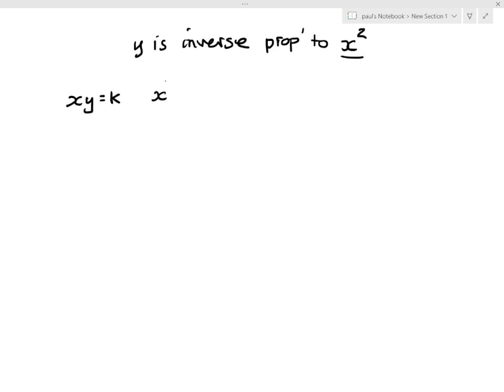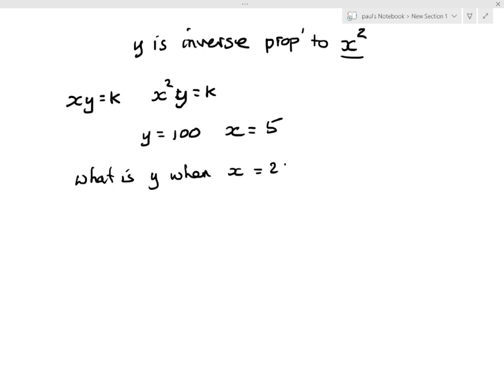So X squared Y equals K. Okay, so that's what we need to remember. Information to get us going is Y equals 100 and X equals 5. What is Y when X equals 20?